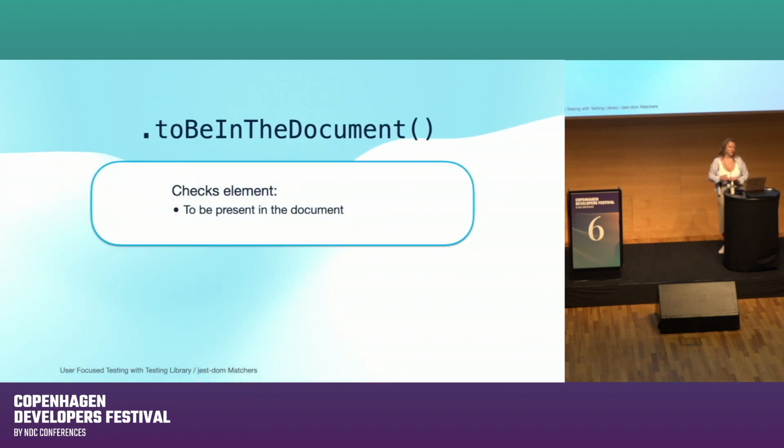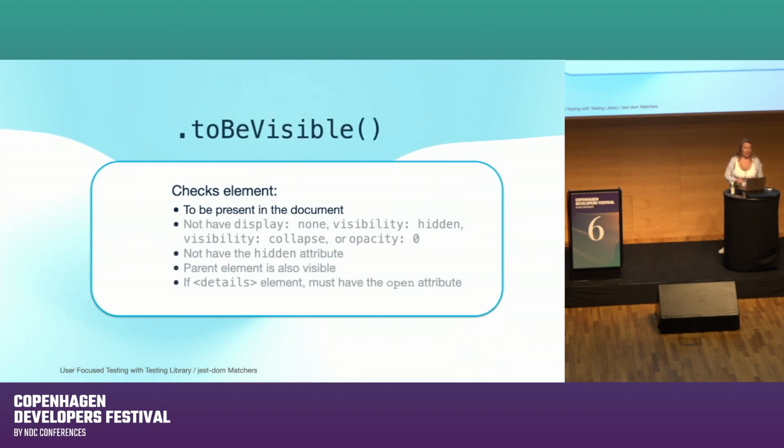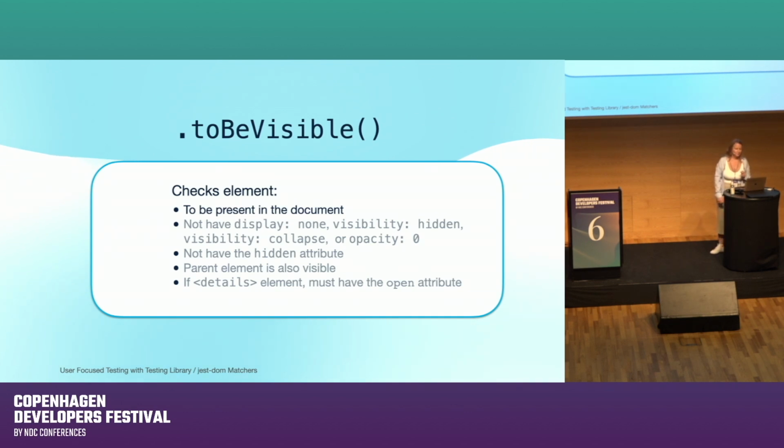The first assertion, to be in the document, is your basic check that an element was actually rendered. A lot of times, though, what I see is people using to be visible as their basic assertion, where they seem to just be checking that an element was rendered. So I think that to be in the document would suffice for that.